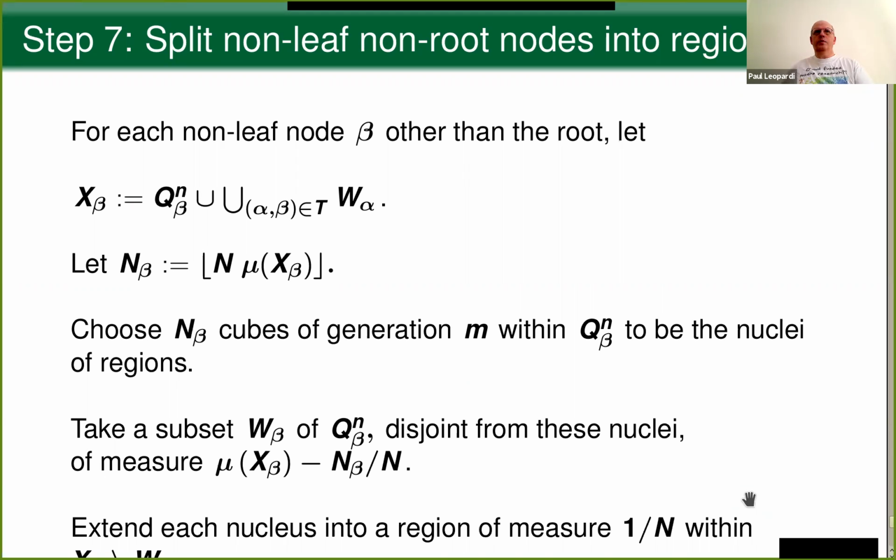This is everything except the root. We have to deal with the root differently. So we split the non-leaf, non-root nodes into regions. Similarly, except that we're dealing now with all of the measure that we've inherited from our neighboring nodes in the tree.